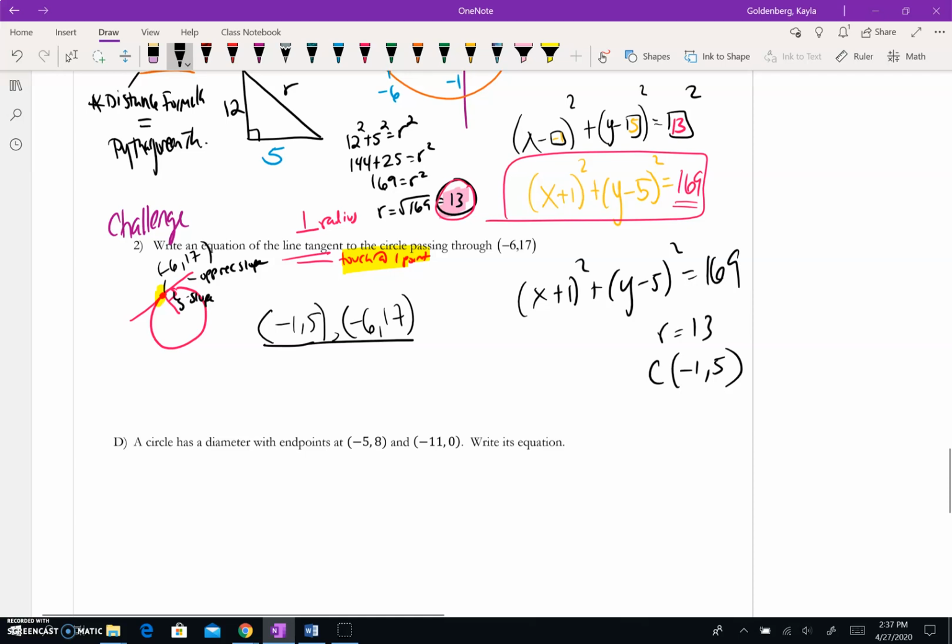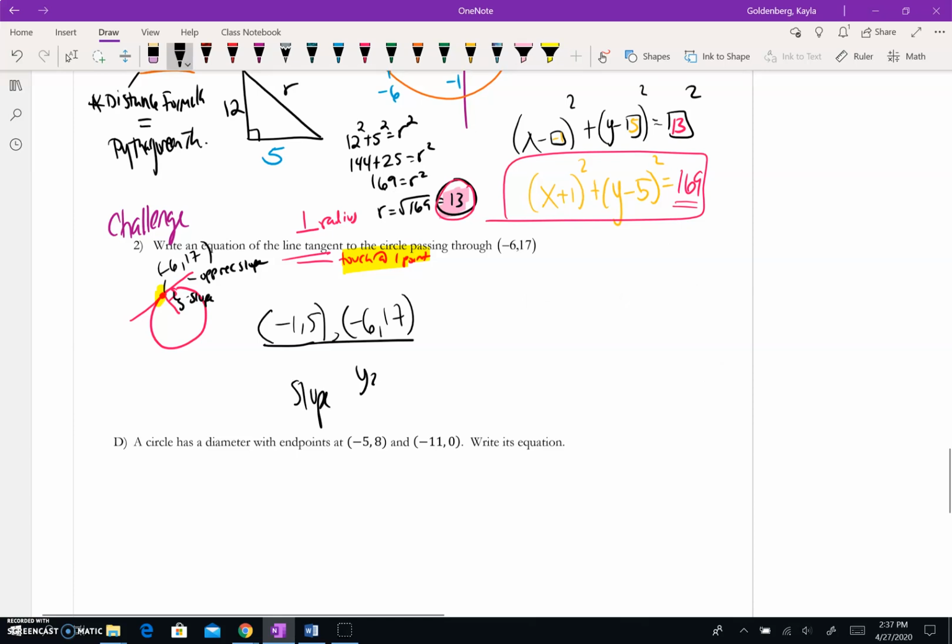Okay, I'm going to erase some of our clues just because we have them up above on the sheet. Okay, so my slope would be y2 minus y1 over x2 minus x1. I'm just going to label them as such. You can do it whichever one you want can be first coordinate, whichever one you want can be second coordinate, as long as you are consistent.